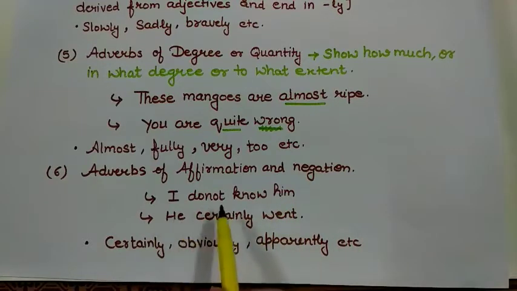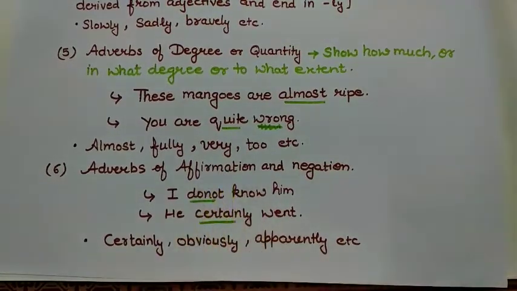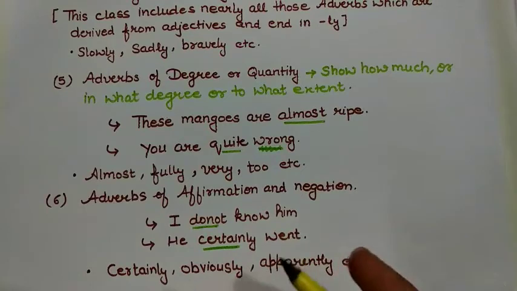Here, do not is negation, and he certainly went. Certainly is affirmation. So these are the adverbs of affirmation and negation. Words like certainly, obviously, apparently, etc. show adverbs of affirmation and negation, depending on the basis on which they are being used.